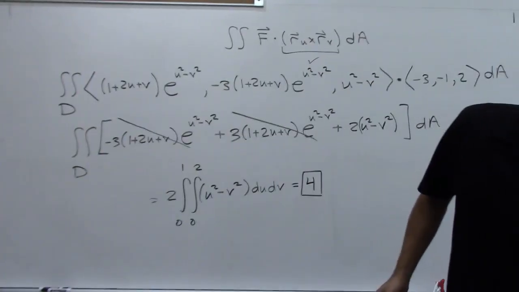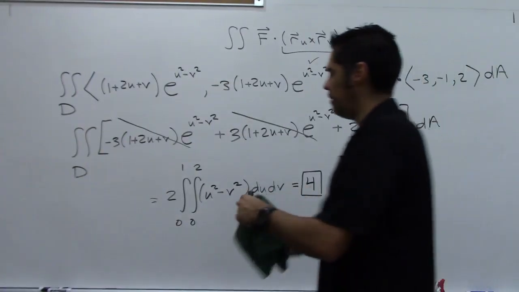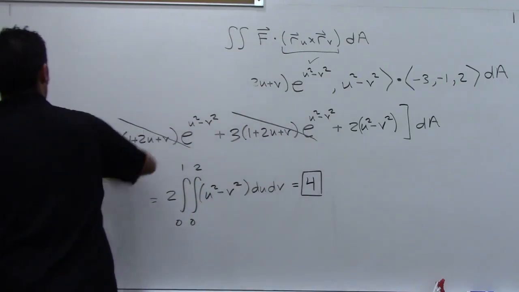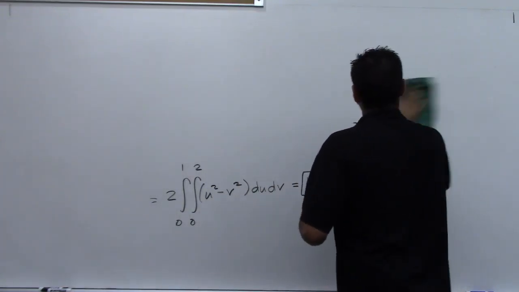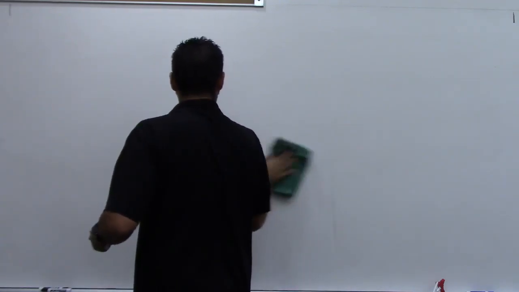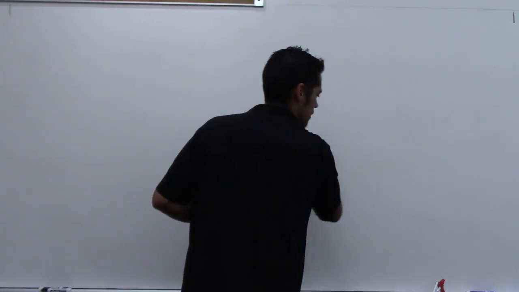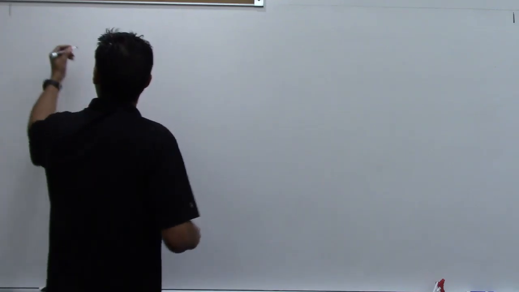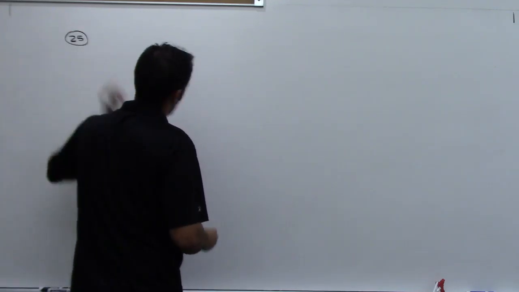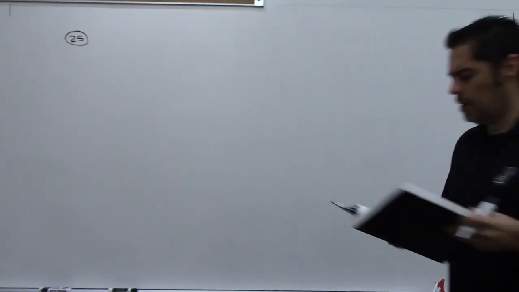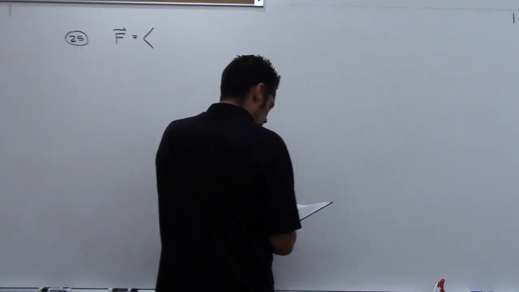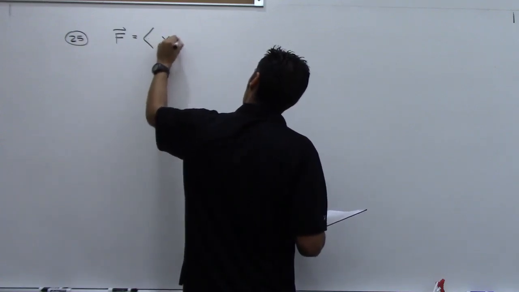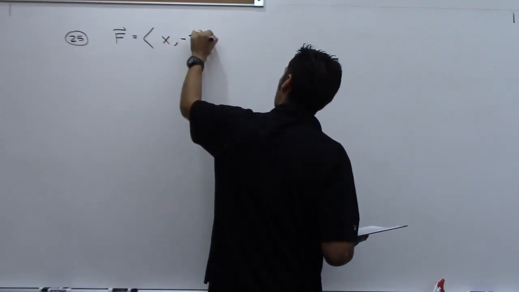Let's take a look now at number 25. So we have a vector field given here, which has the components x, negative z, and y.